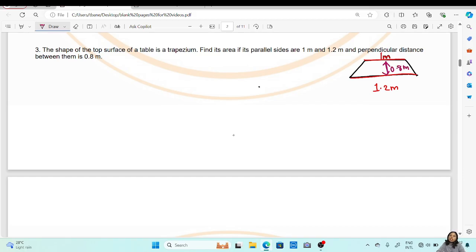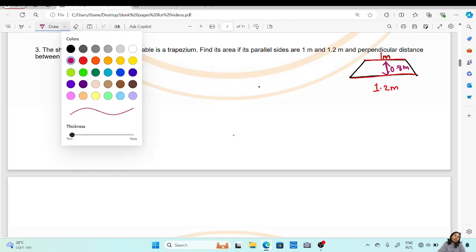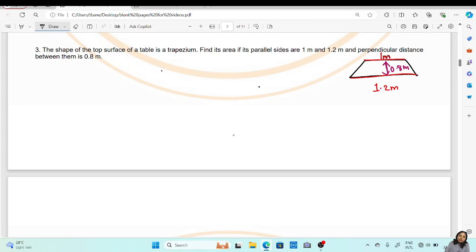So here in this case, let's write down the formula first. So formula is what? Area of trapezium equals half into h into a plus b.